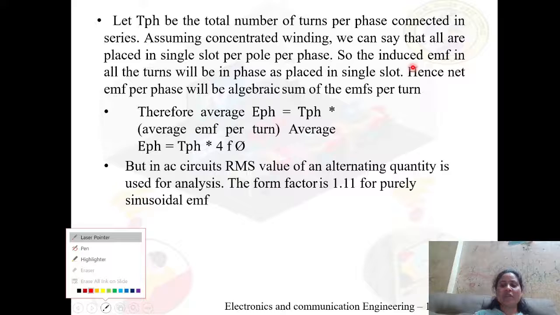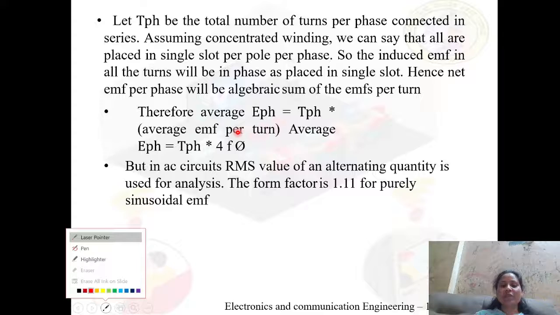Therefore, all the conductors will have the EMF with the same phase. Hence, the net EMF per phase will be the algebraic sum of the EMFs per turn. Therefore, the average EMF in a single phase is equal to TPH times the average EMF in a single turn.